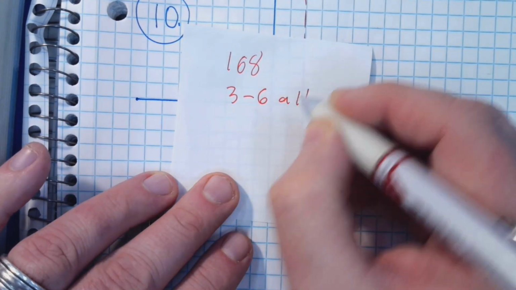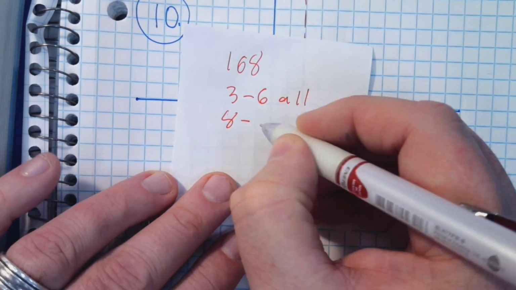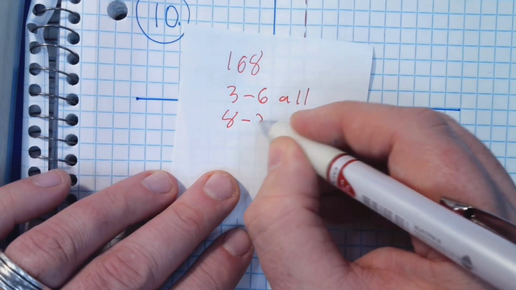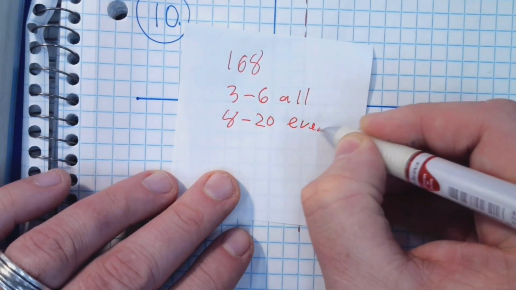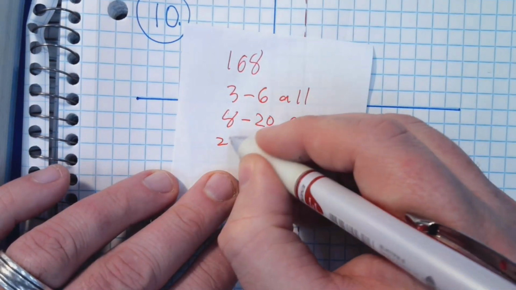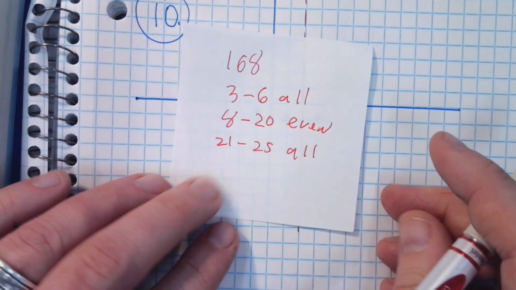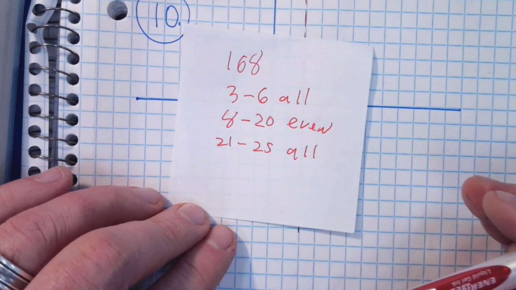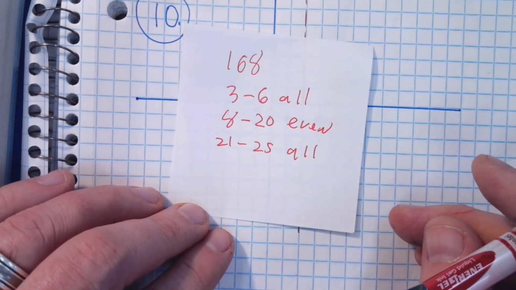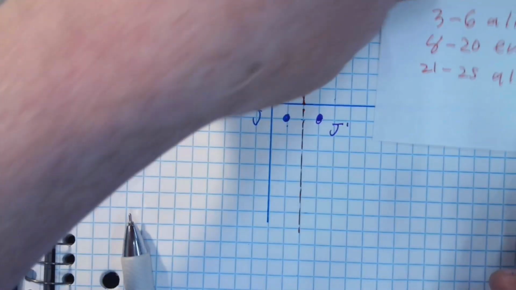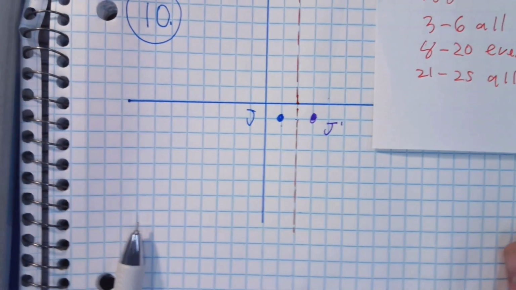All 8 through 20 even, 21, 25 all. Okay. I'm going to put that over here, and I'm going to continue working on this particular problem.